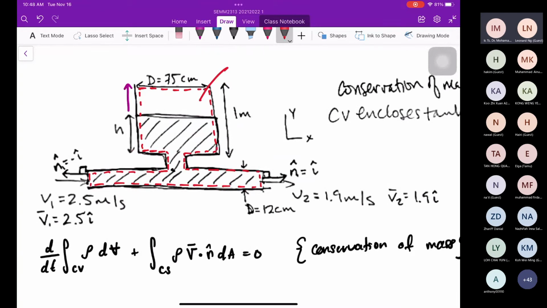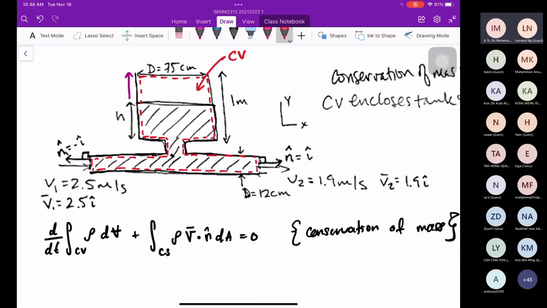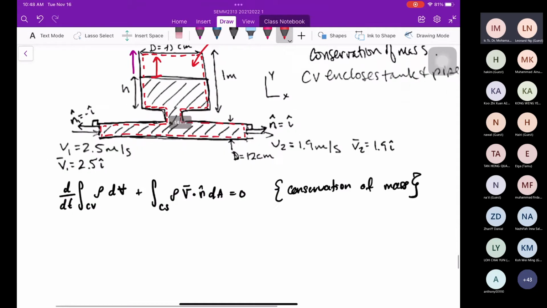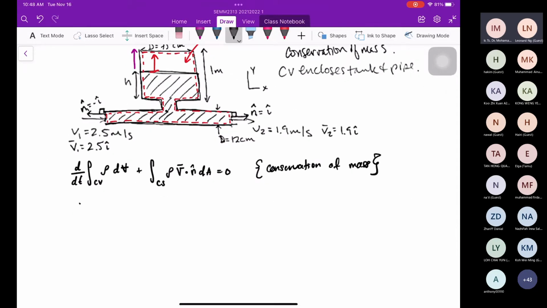Of course, the volume of water will keep changing, increasing from this level up until the top. So from here, I write d over dt. From the control volume, I know the density is fixed because this is water, constant and incompressible.